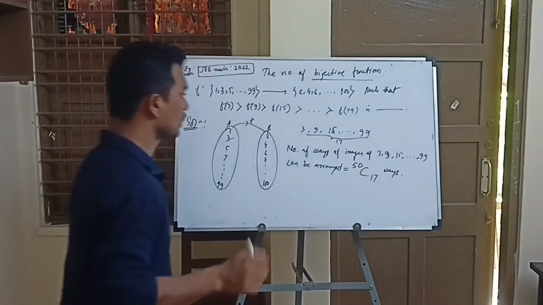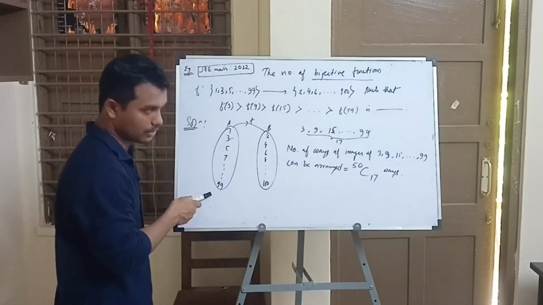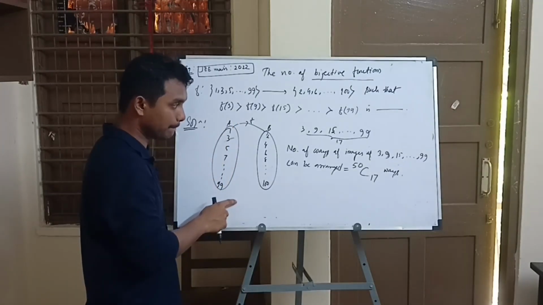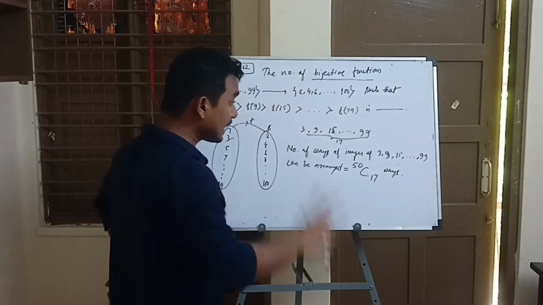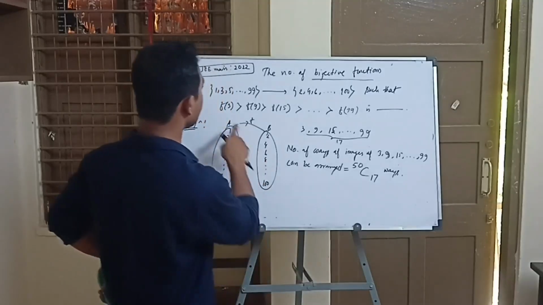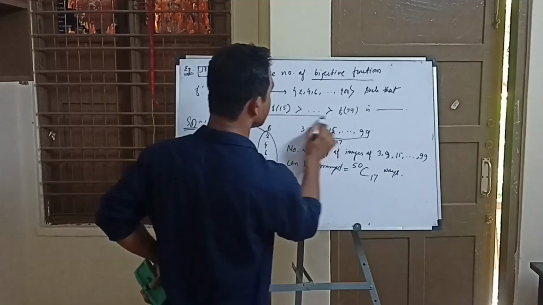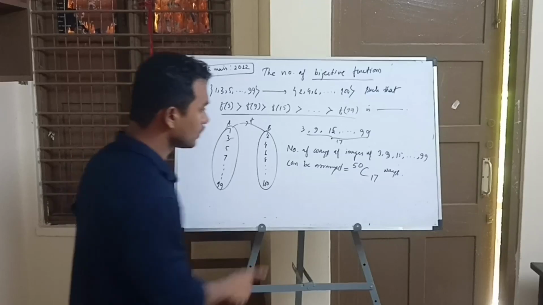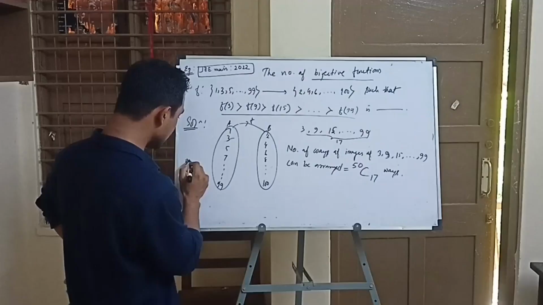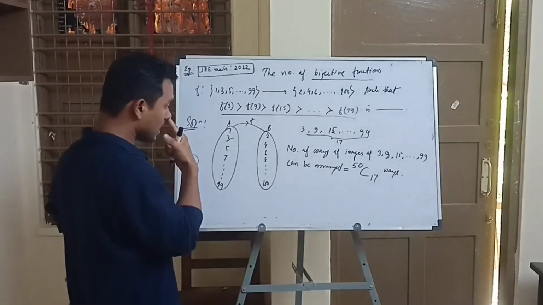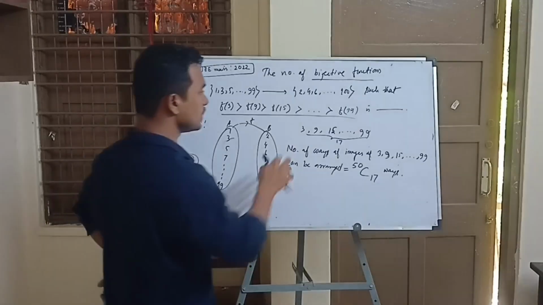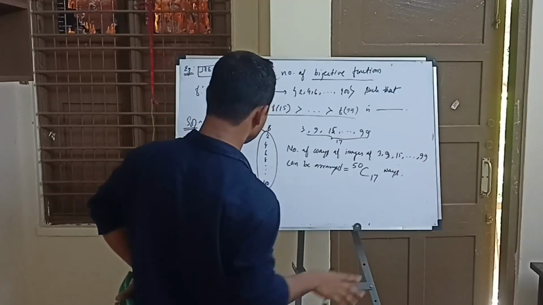There are 50 elements in B. Among these 50 elements, we have to arrange the images of these 17 elements in such a way that the given conditions are satisfied. And the remaining 33 elements of the domain can be arranged in how many ways?